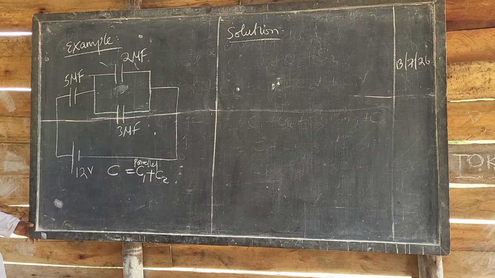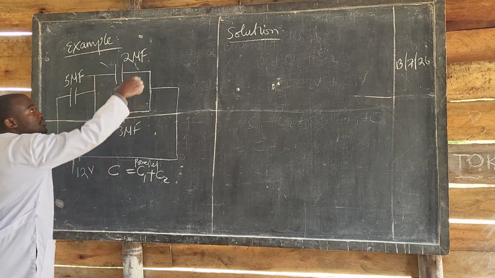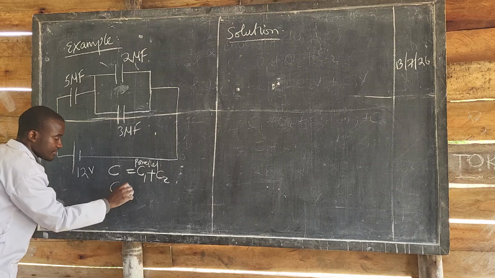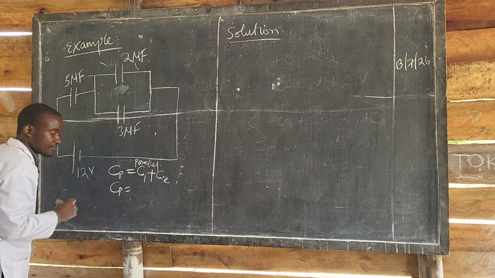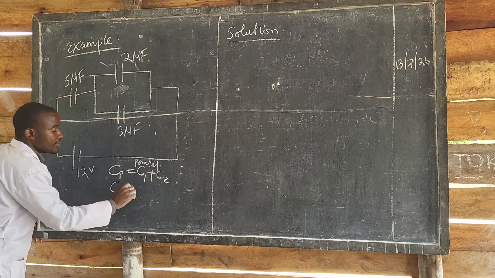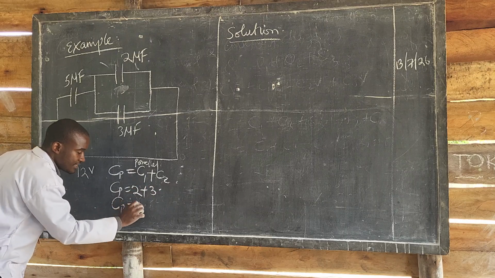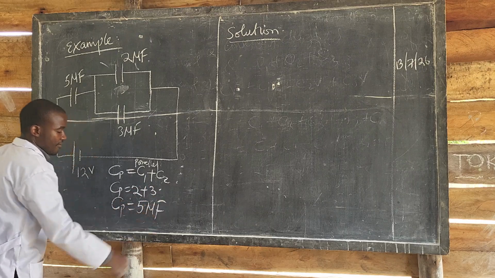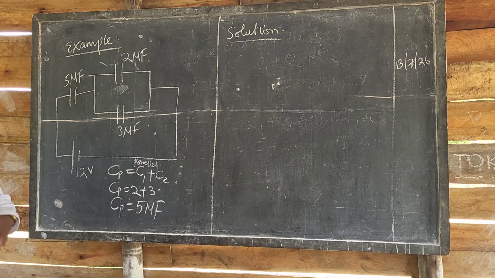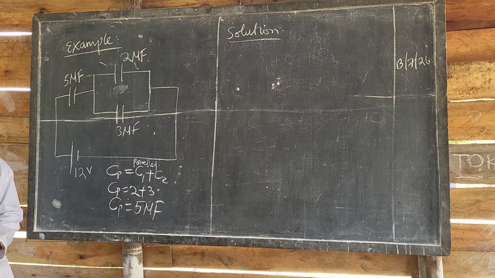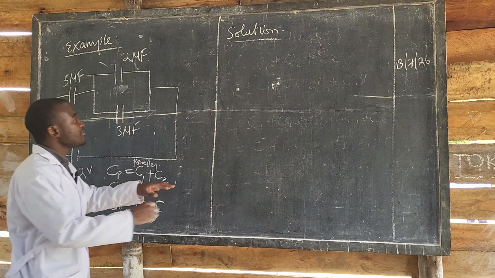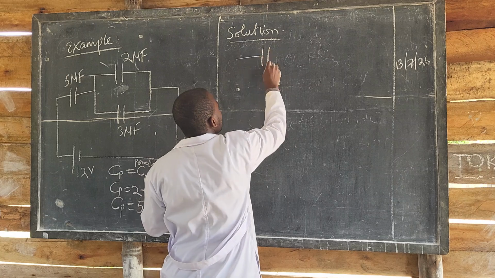Let's call the effective of these two CP. It will be 2 plus 3, which gives us CP as 5 microfarad. So if we redraw the circuit, we shall have something like this.